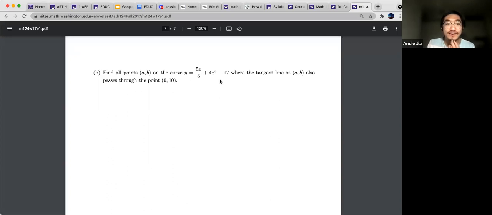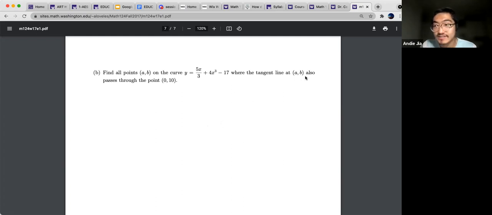For this one, you need to find the y prime of x, and you need to find f. They need you to find a point that passes through 0 and 10. So you find the y prime of x, then remember the notation of the tangent line equation: y equals f prime of a times x minus a.